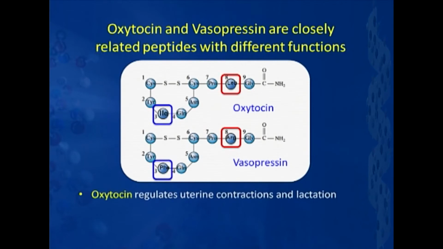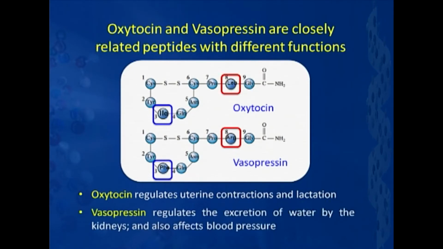Oxytocin regulates uterine contraction and controls lactation, whereas vasopressin is a peptide which regulates the excretion of water by the kidneys, an entirely different function. We just see that by changing these 2 amino acids from one peptide to another, we have an entirely new peptide with entirely new function and behavior.